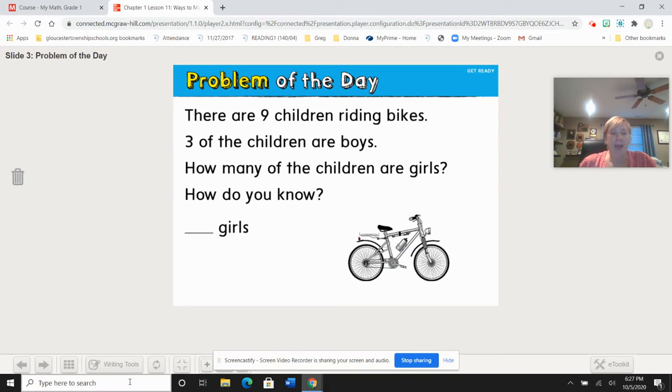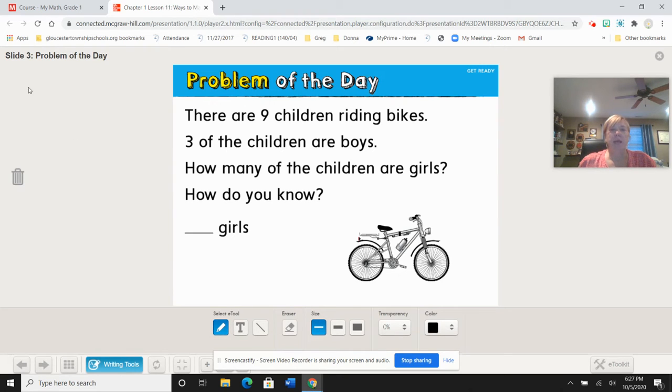Let's think of it this way. If we have, and I'm going to make some kind of silly shape circles, but we already know that 3 are boys, right here. Now, we need to know how many are girls. We already know that there are 9 children altogether riding their bikes.